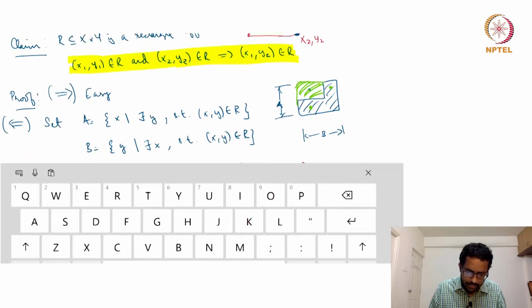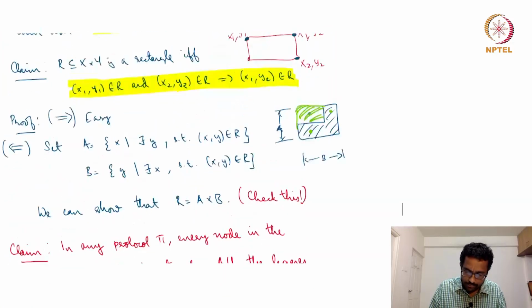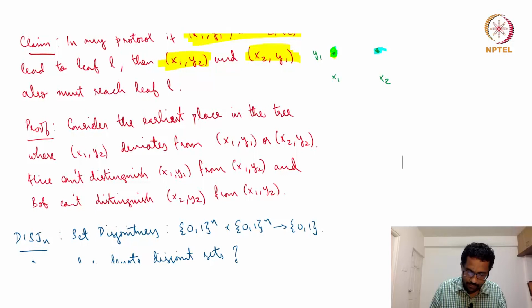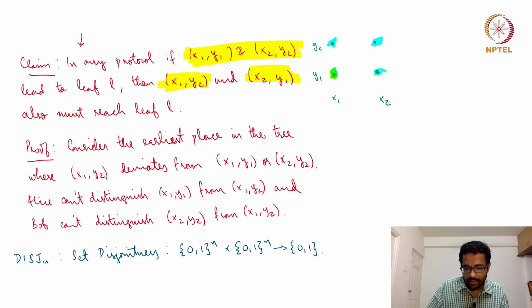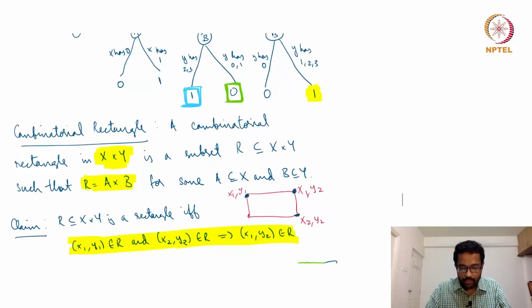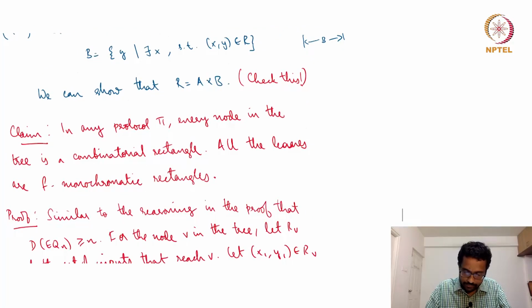We have in fact seen the idea of the proof; we saw this proof in the previous lecture. If (x1, y1) and (x2, y2) lead to any leaf, then (x1, y2) and (x2, y1) also must reach the same leaf. In fact, this is true not necessarily for a leaf, but for any node in the tree. So any node in the tree corresponds to a combinatorial rectangle.